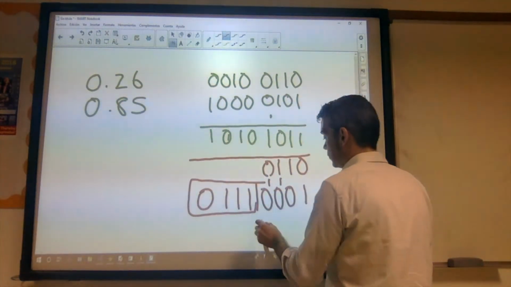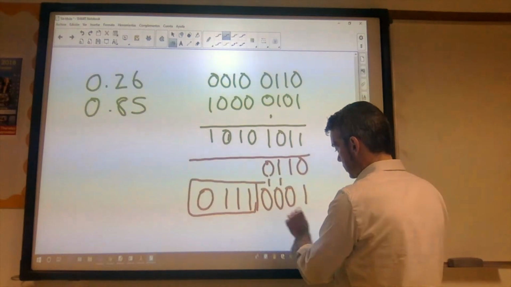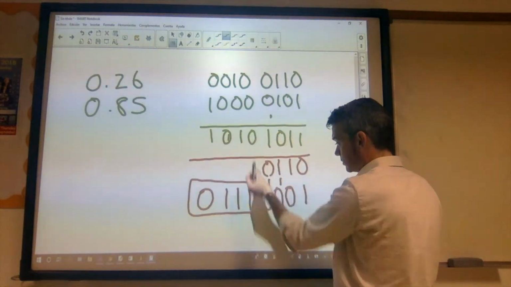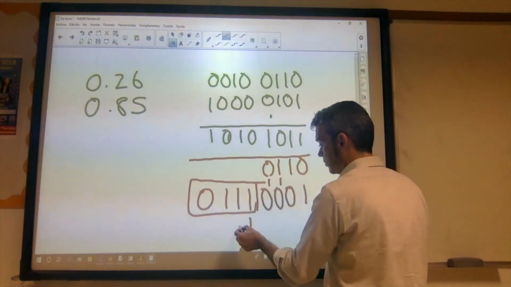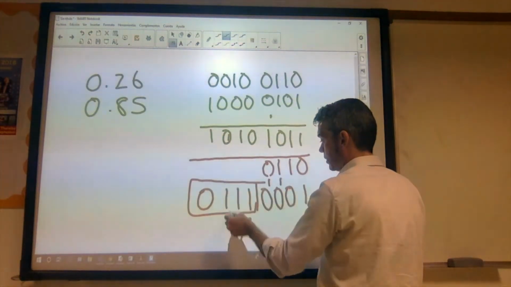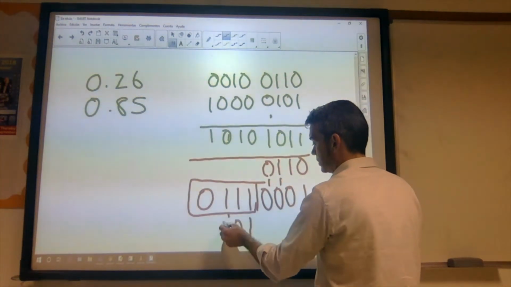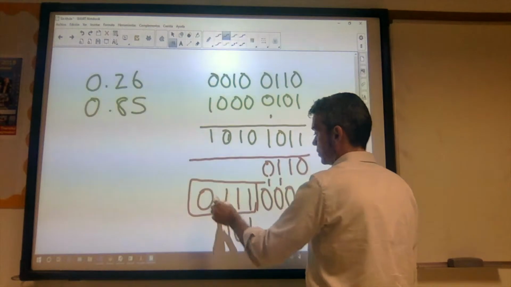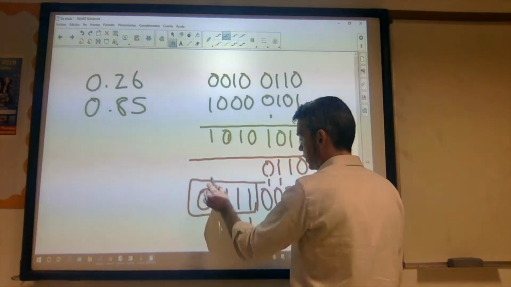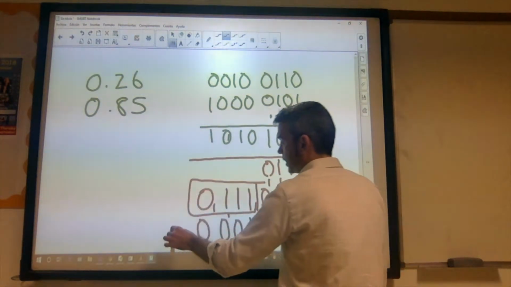So we go 0, 1, 1, 1, 1, 0. Carry that across. 1 plus 1 is 0. Carry that across. 1 plus 1 is 0, and we carry that 1.